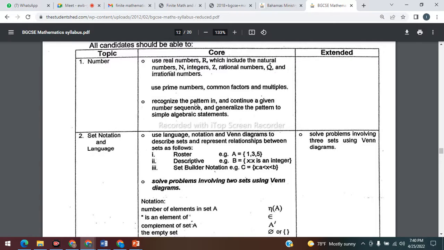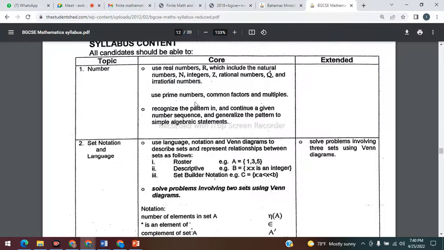If they give you the numbers 2, 3, 5, 7, 11, you're dealing with prime numbers. If they give you 4, 9, 16, 25, you're dealing with what type of numbers? Square numbers, my bad.